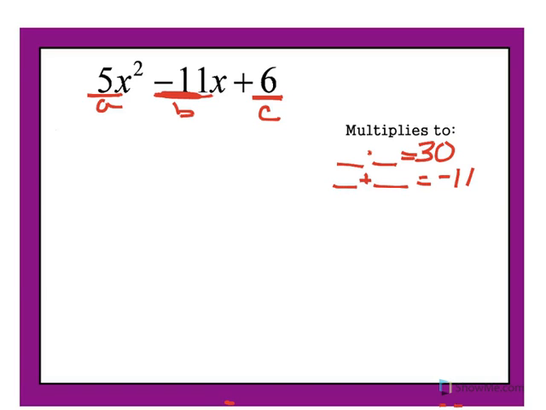Well, the ways to multiply to 30 are 1 and 30, 2 and 15, 3 and 10. I need to find two numbers that will add to 11.